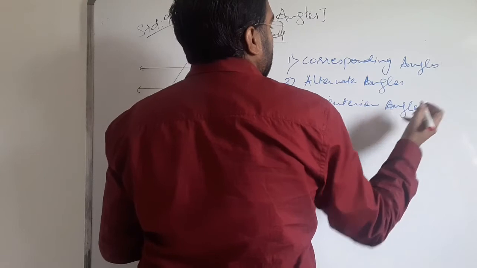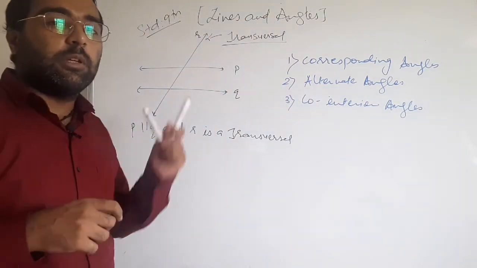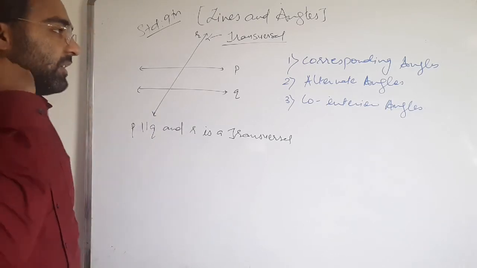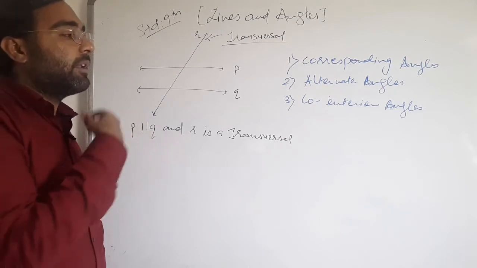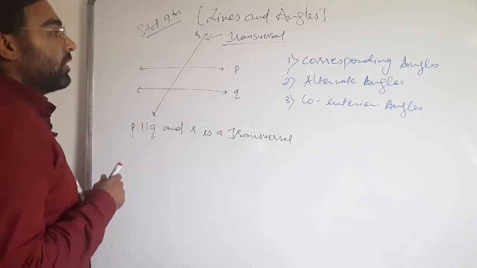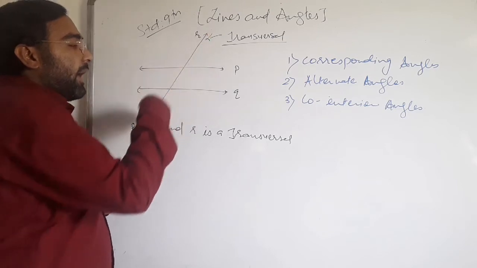Three types of pairs of angles can form in this situation. So where are the corresponding angles formed, where are the alternate angles formed, and where are the co-interior angles formed.